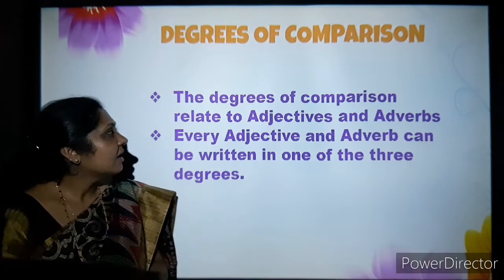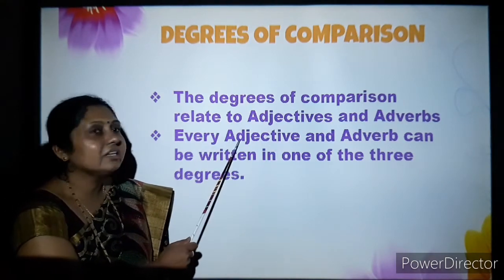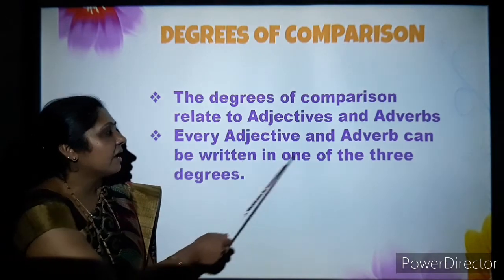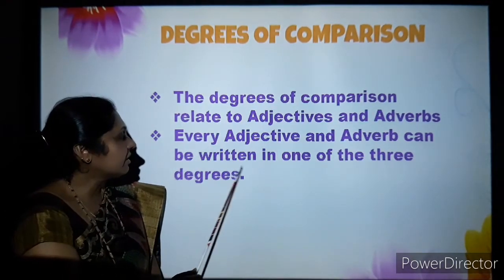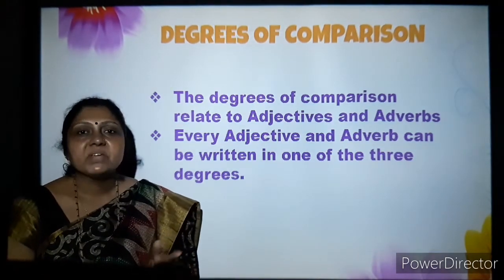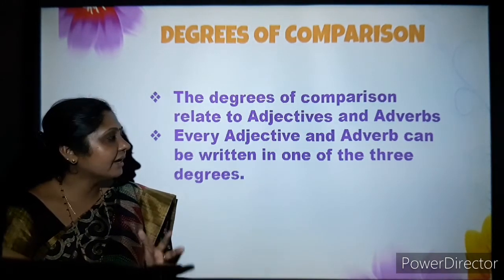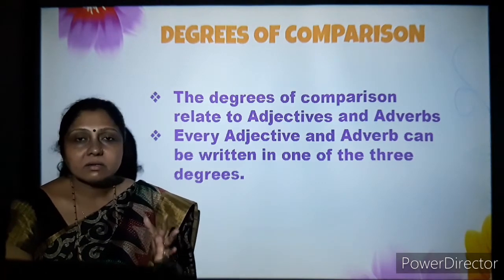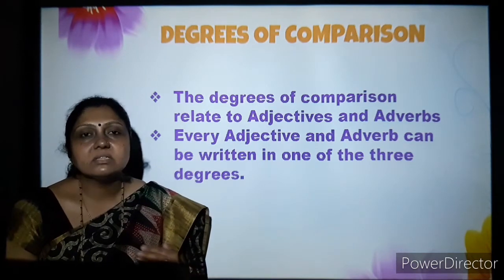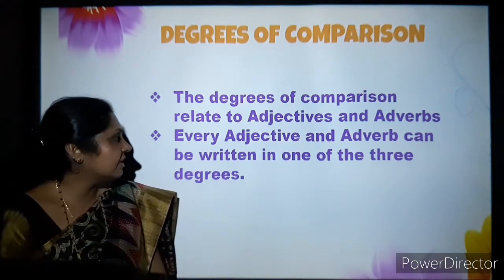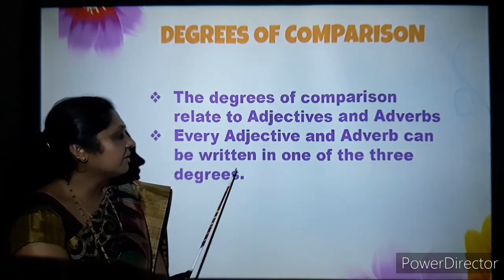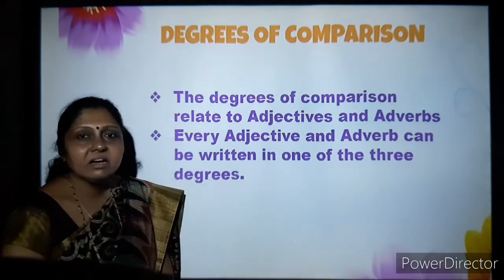That's why the degrees of comparison relate to adjectives and adverbs. Every adjective and adverb can be written in one of the three degrees. So when it comes to adjective and adverb, you can write them in three ways, and thus you will have the three types of comparison.